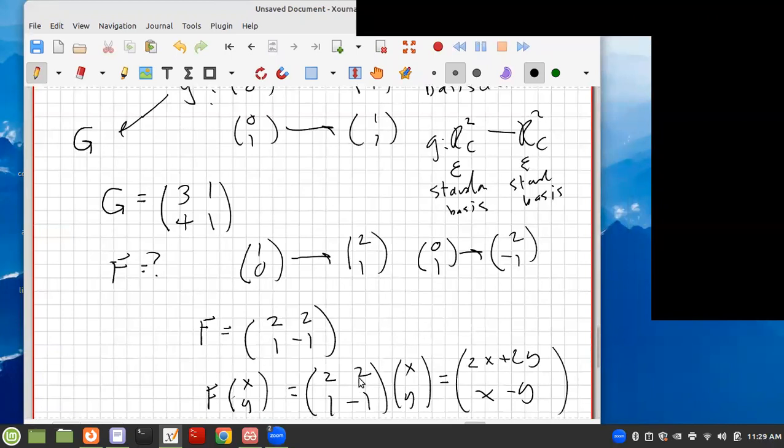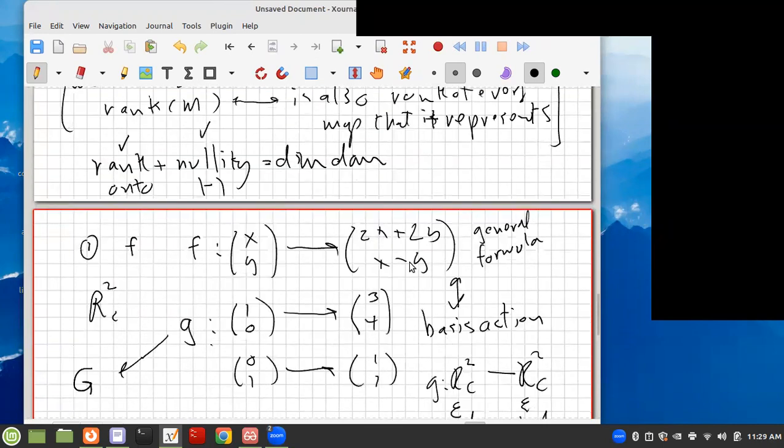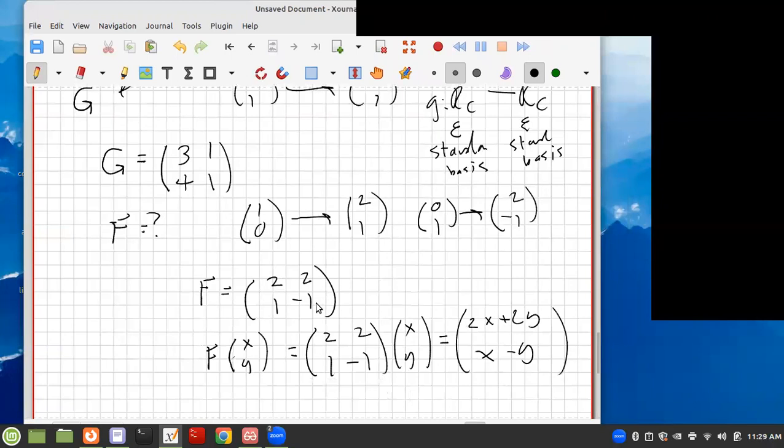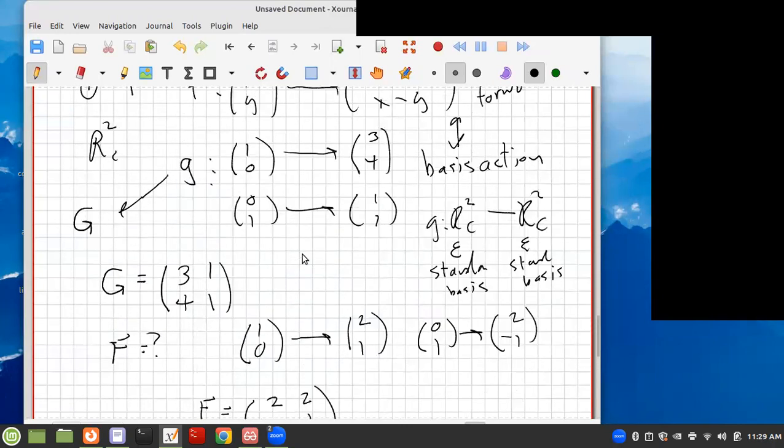When people defined matrix multiplication, this was part of why they wanted to define it that way. But you can see I've recovered the formula. So I can go back and forth. From the matrix, I can find the basis action or the general formula. From the general formula, I can find the basis action and the matrix. So there are three different representations now, and I could find any of the three representations from any of the other ones.